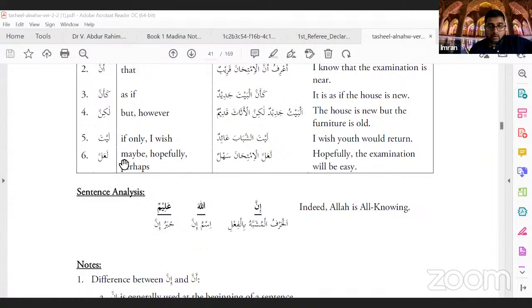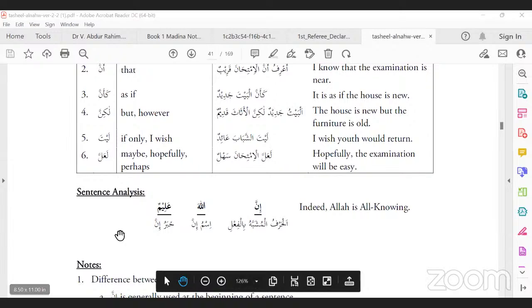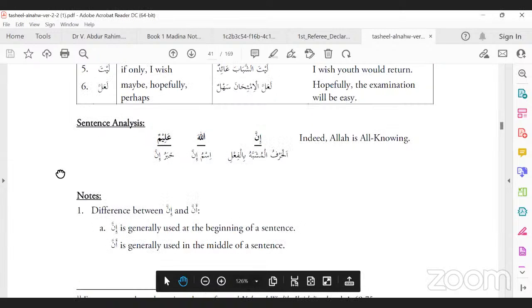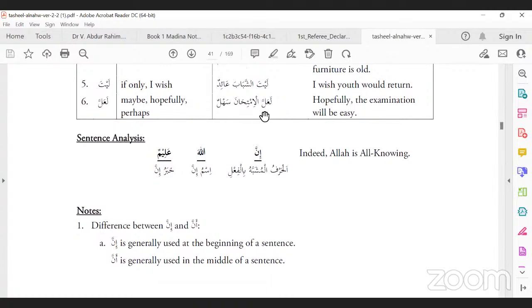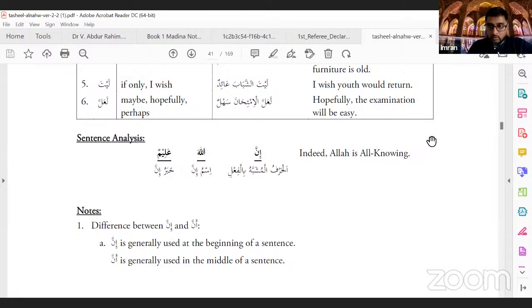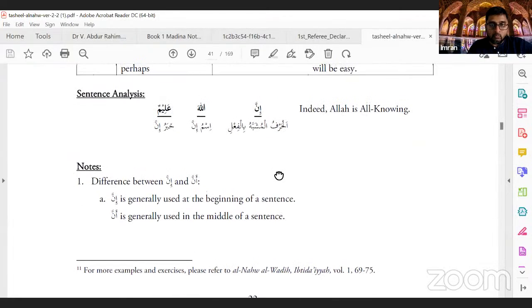Number 6, la'alla, maybe, hopefully, perhaps. La'alla al-imtihana sahlun. Hopefully the examination will be easy. So in this one, al-imtihana is the ism of la'alla, and sahlun is the khabar of la'alla. Excellent. Brilliant.